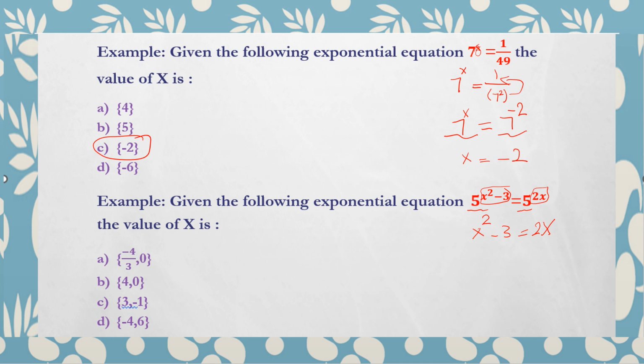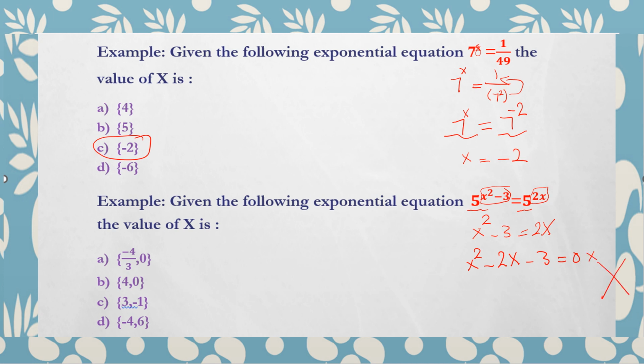We have to transform this equation into the form of a quadratic equation. So this equals x squared minus 2x minus 3 equals 0. This is the form of a quadratic equation, and we can solve it using the factoring method.